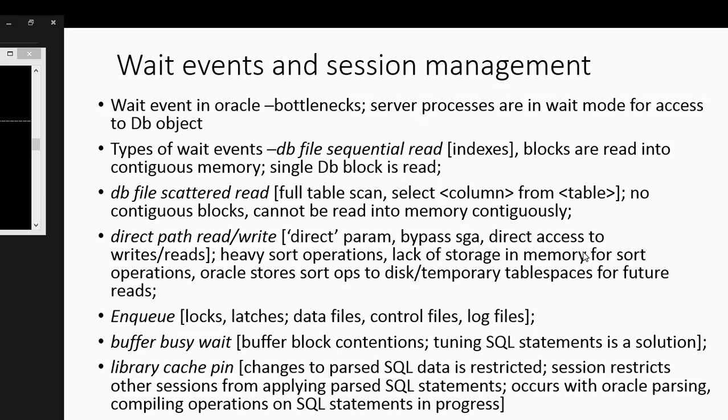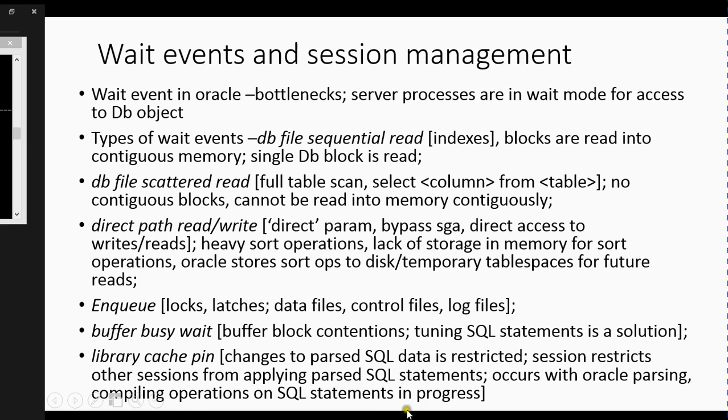This is the most important part in dealing with the library cache. It happens because you have a compiling or parsing process in progress, or a sub process that has exclusive rights on this object so that another sub object is not able to view it or make any modification to it.